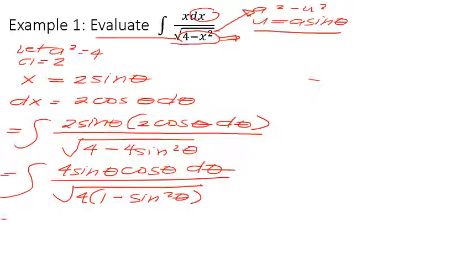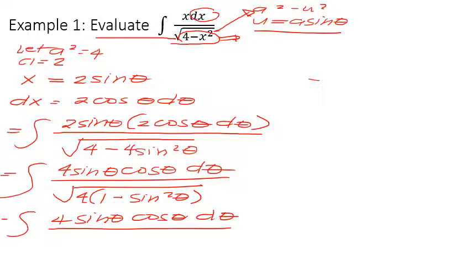So we could factor out 4, it becomes 2, since the square root of 4 is 2. And this one is equal to cosine squared theta, so we could cancel out the squared, or the index 2.